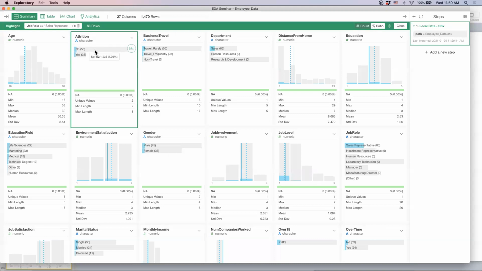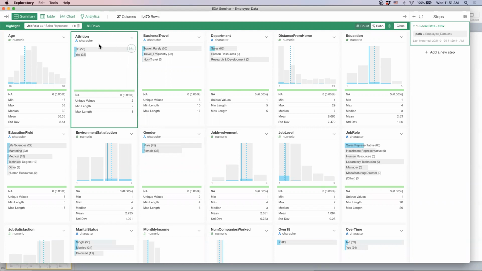One problem here is that for all employees, there are 1,233 people who haven't left the company. So there are a lot of them compared to the 237 people who left the company. So already the whole data is different. Then we are seeing sales rep has only 50 and 33, and it's hard to see the difference between 50 and 33.